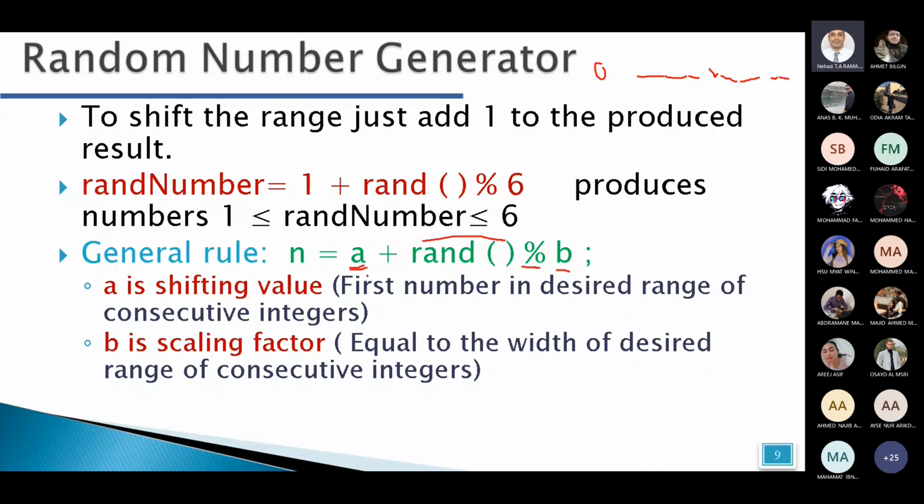This is the general rule. To get a random number, you will make a plus rand mod b. What is a, what is b? Okay.